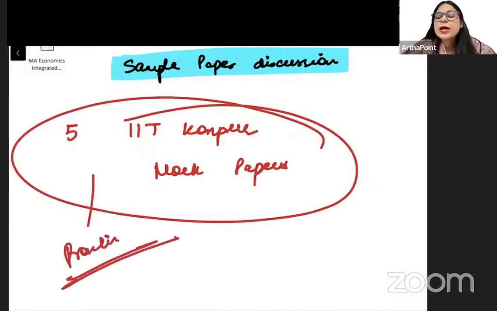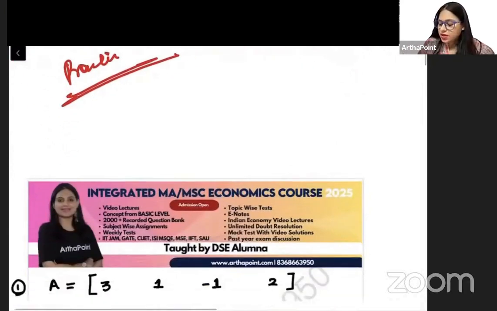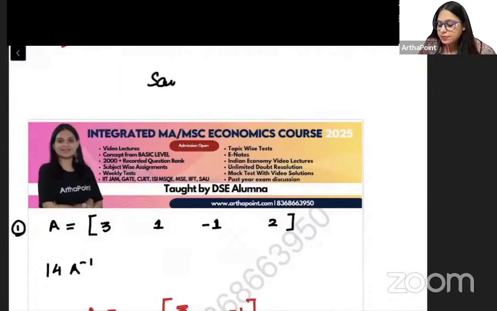Please practice these. This will help you see where you stand and how much more effort you need to put in. So make sure that you do these 5 IIT Kanpur mock papers. Very, very important for your final exam.